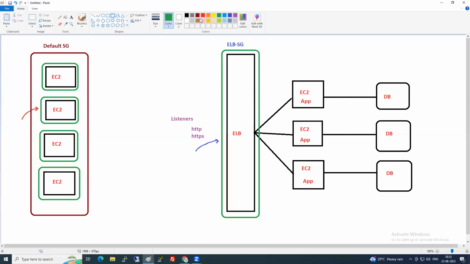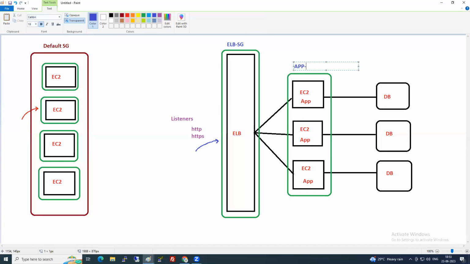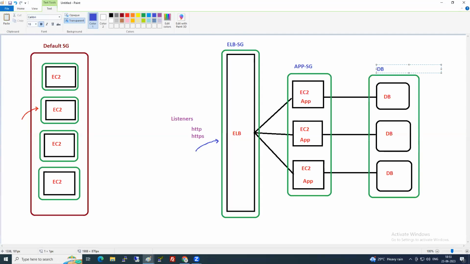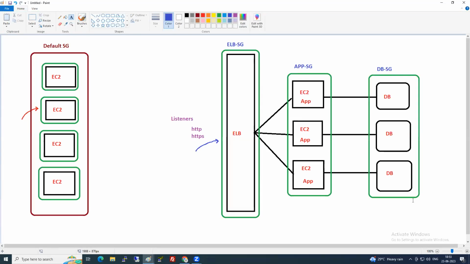Now for the app servers, I'll create a separate security group, App SG, and for the database, DBSG. Now, question for you. In app SG, what protocols do I need to allow?